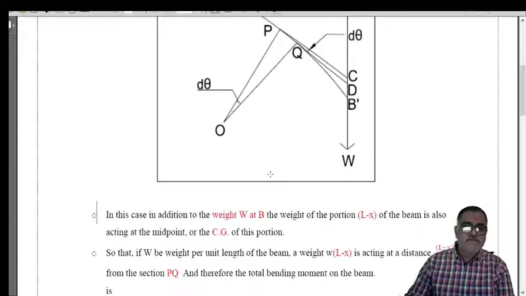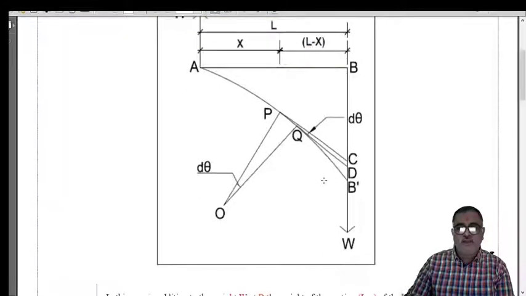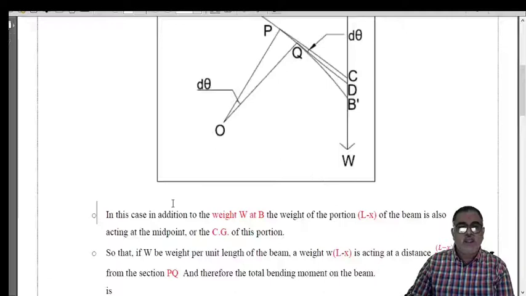See now what happens. In this case, in addition to the weight W at B, the weight of the portion L minus x of the beam is also acting. This L minus x, this much distance of the neutral axis, has a weight which also acts at the midpoint or the CG of the portion.